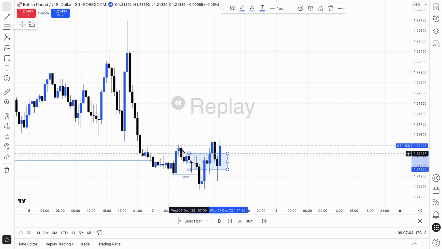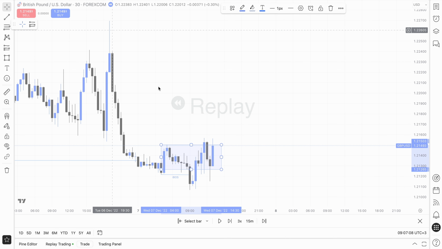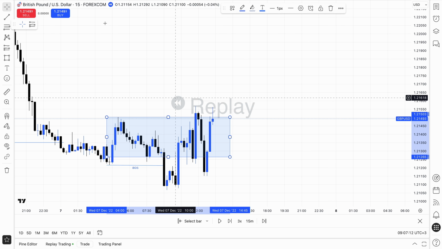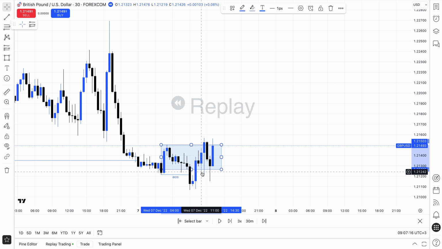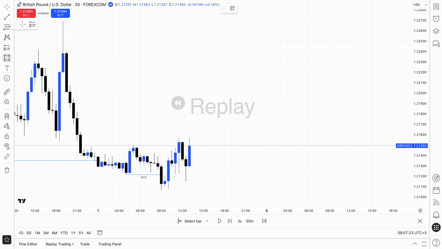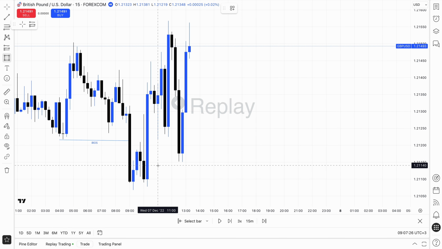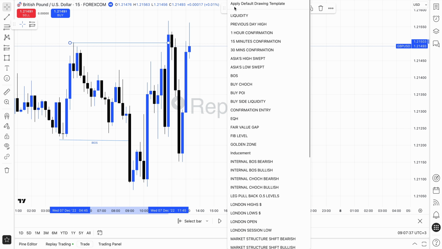It didn't. Had a break and retest. Break of structure to the upside.